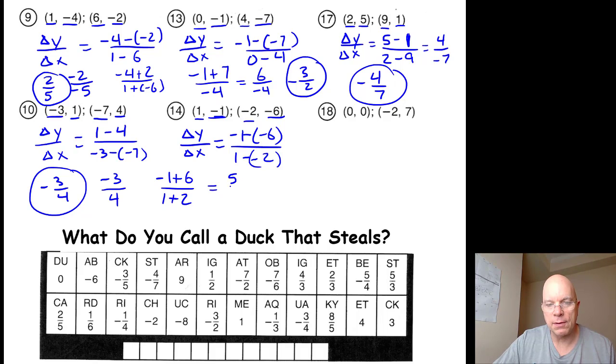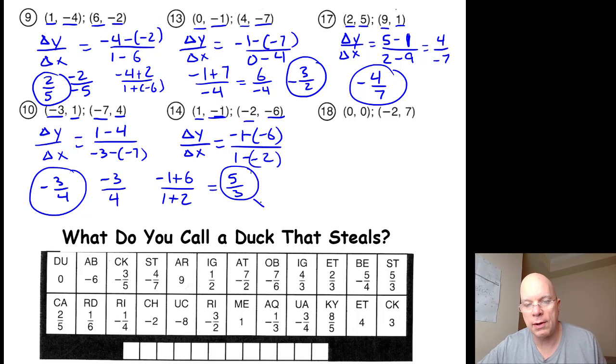So you get 5 over 3. That's the best form for that slope. You really don't want to represent that as a mixed number. The whole idea of a slope is it's a ratio of the change in the vertical position to the change in the horizontal position. So it's much more meaningful as 5/3 than as 1 2/3. You would never see it represented as 1 2/3 or as a decimal.